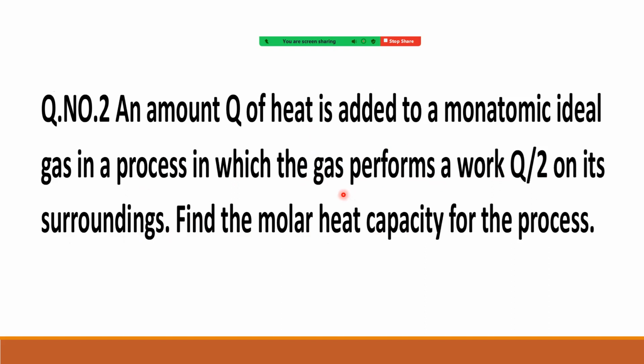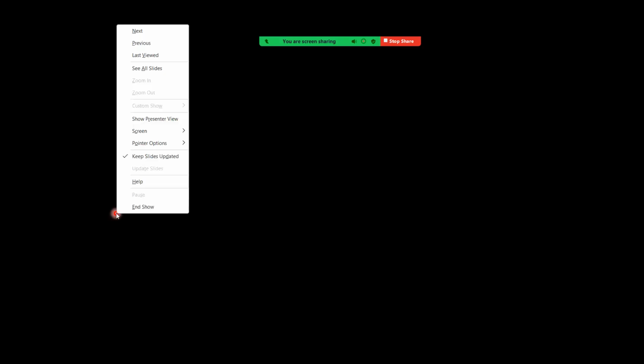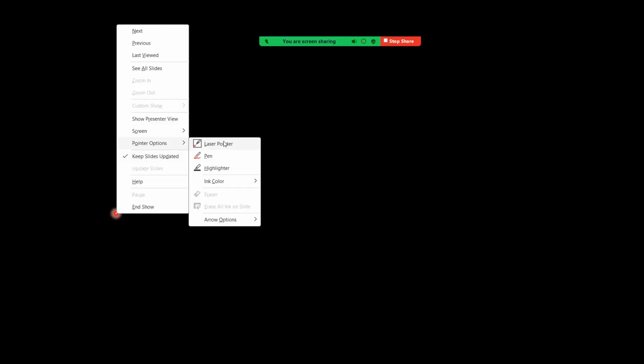Given that the gas performs a work Q by 2 on its surroundings, find the molar heat capacity for the process. This question is from H.C. Verma. Q amount of heat is given, work done is Q by 2. See how to solve the problem. If you want, you can try once on your own.